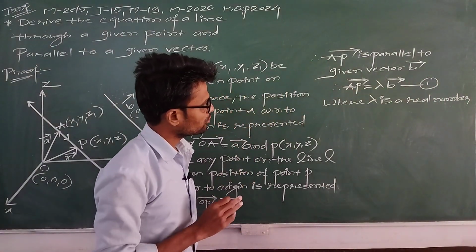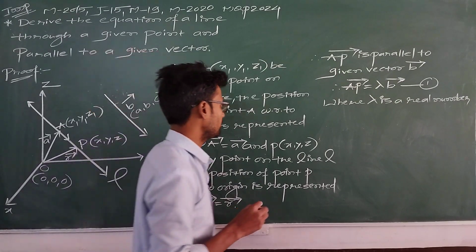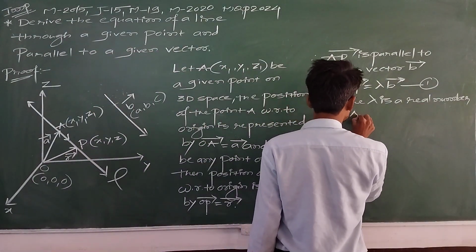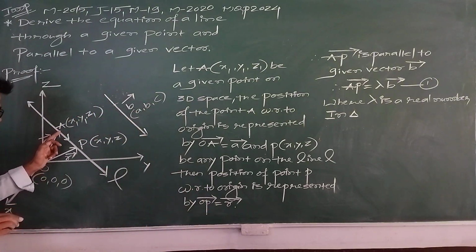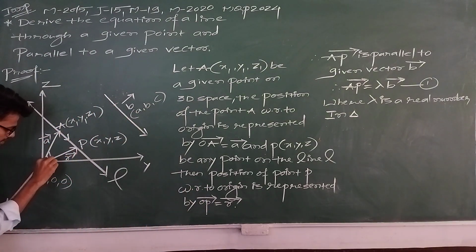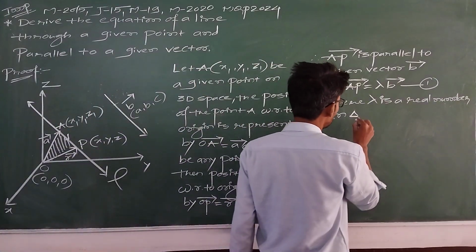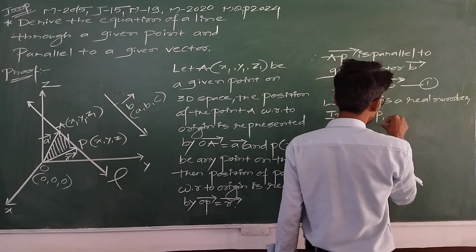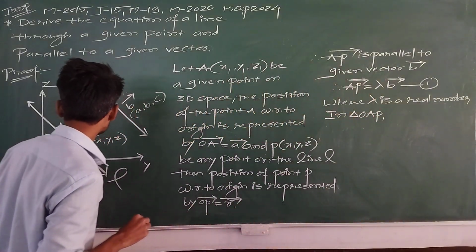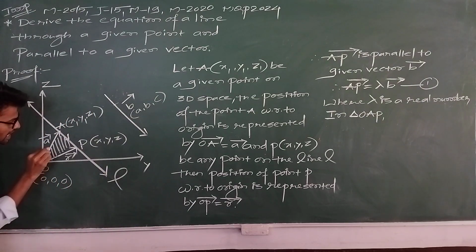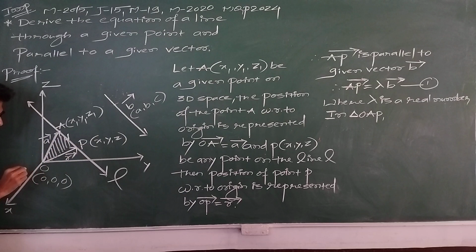Now it is required to find the value of AP vector. So in triangle OAP, see, this is triangle OAP. I'll write OA vector plus AP vector is equal to OP vector. How?